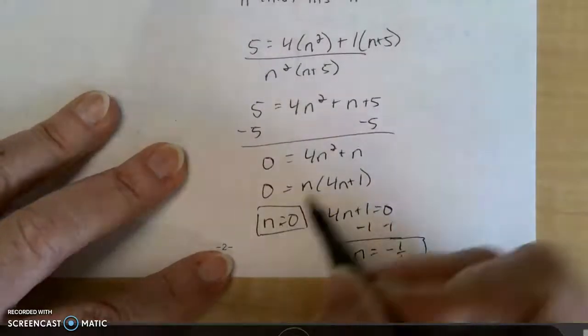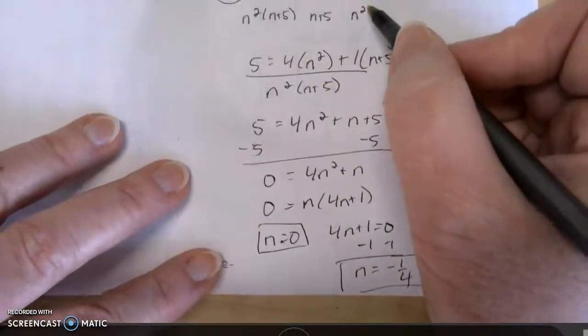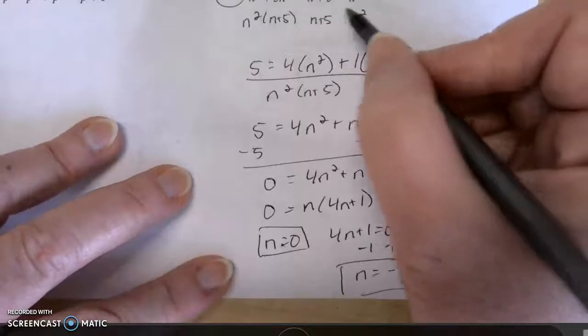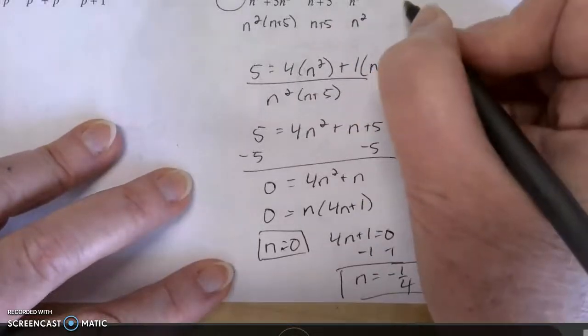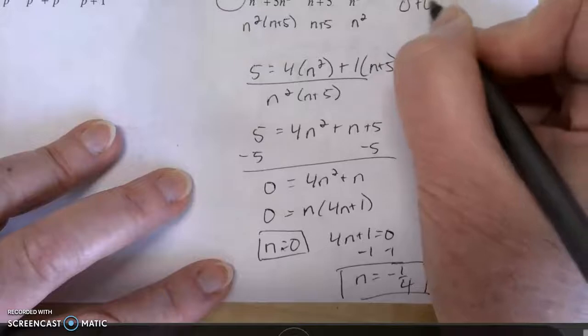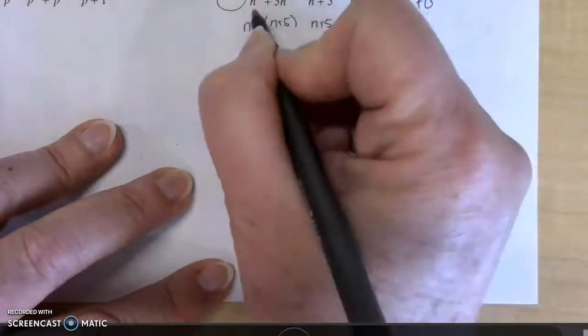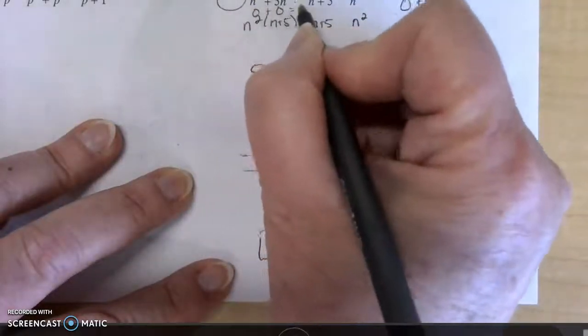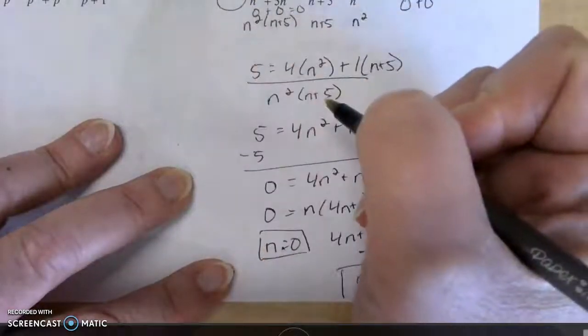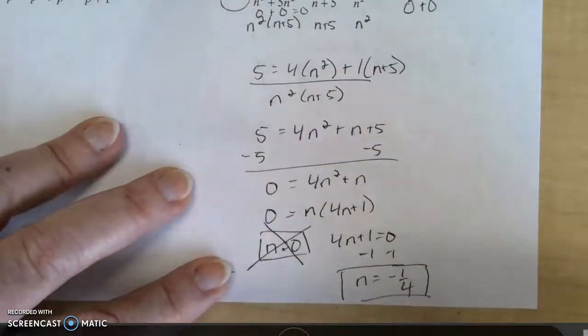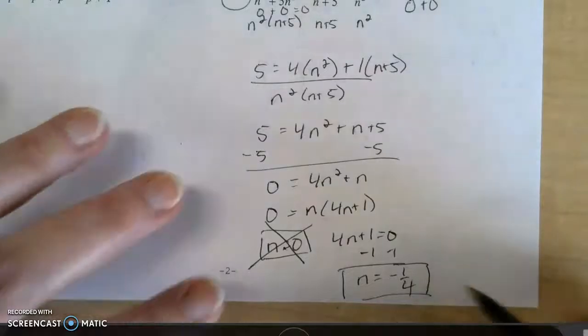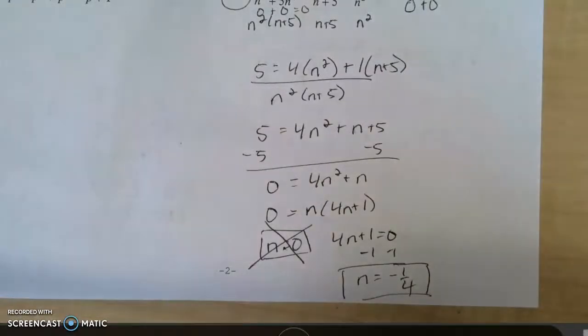If I plug 0 up here into my denominator, I have 0 plus 0 right here. If I plug in 0, do I get 0? Yes. This is called an extraneous solution. N cannot equal 0. So my only solution is negative 1/4.